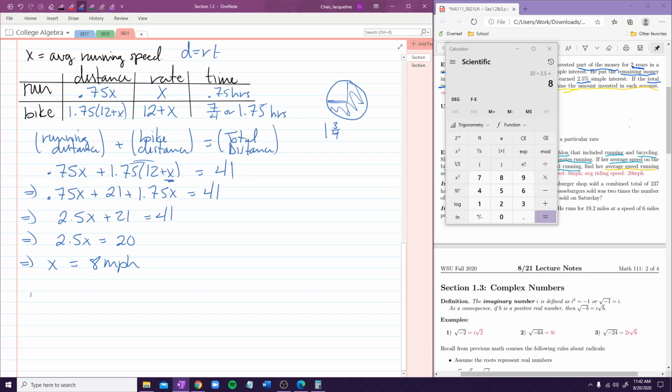So her average running speed is 8 miles per hour, and her average cycling speed is 20 miles per hour.